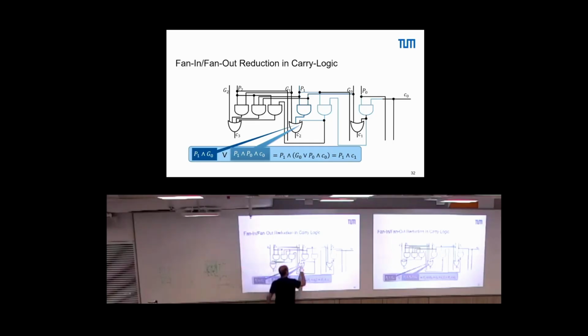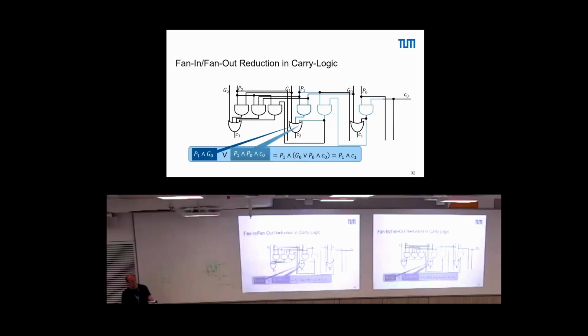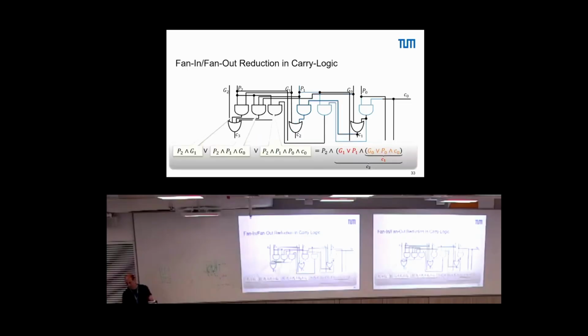Now we want to reduce for this OR gate here the fan-in. Then we can try to reduce this equation, and we find that's actually P1 and C1. So effectively, we can reduce here another thing. We can reduce the two inputs here into one input that is driven by an AND gate. And we can do the same here. So this gate here is P2 and G2.